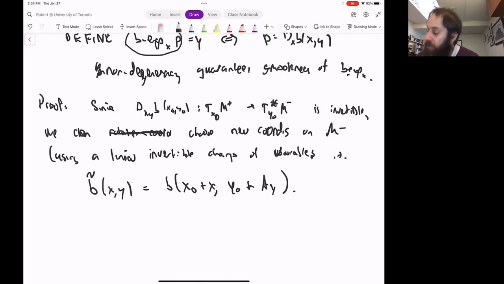So I sort of did two things at once. I moved x naught, y naught to the origin in the new coordinate system. But apart from moving it to the origin, which is not terribly important to the proof, what do I want? I want this to have the mixed partials with respect to the new variables given basically by the identity map.